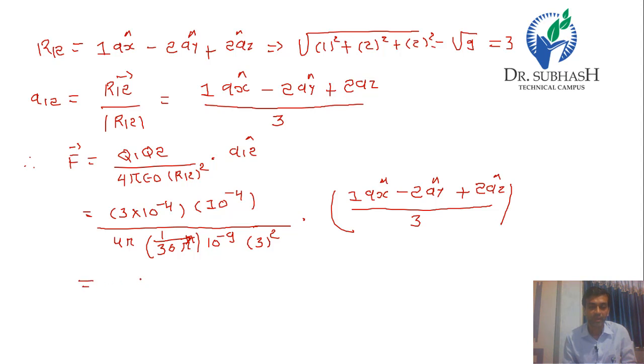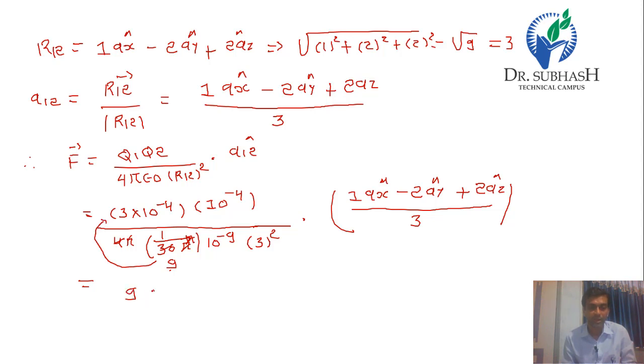So we get, let's simplify it before that. Pi will cancel out, 9 4s are 36, so 9 goes to the upside.